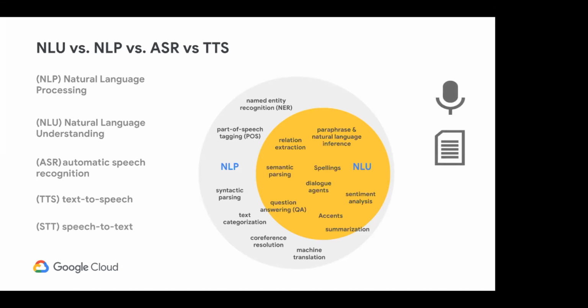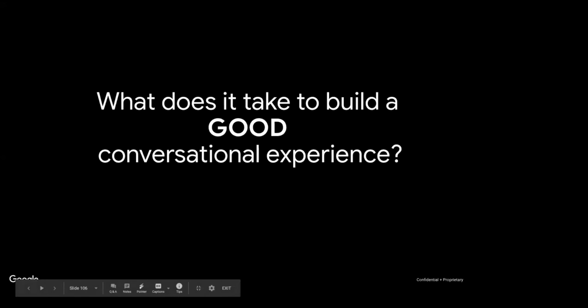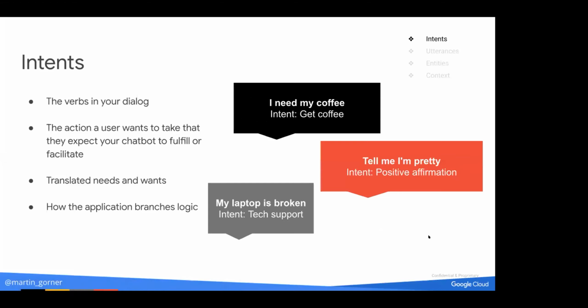But the main thing I want to show you is what it takes to build a good conversational experience. The first thing is understanding of the intents. That means understanding what I want, like a verb: I need coffee, my laptop is broken.